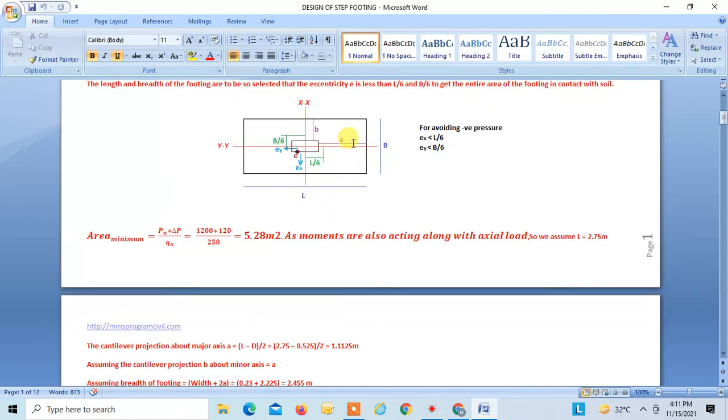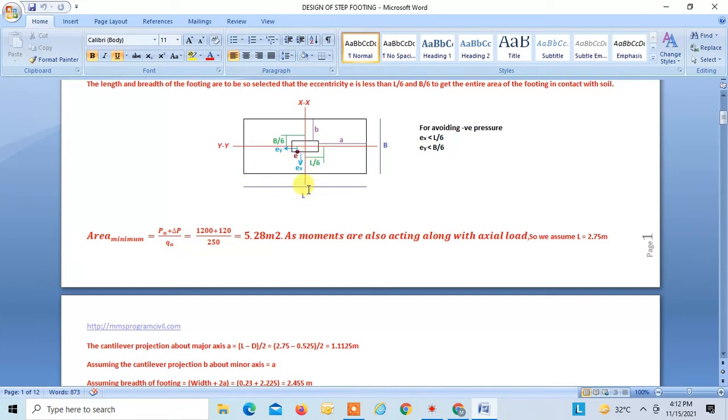Now this is projection A, this is projection B. These are cantilever projections in the two directions. Usually we keep A equal to B so that the cantilever action in both directions remains the same. A is found as total L minus the depth of the column, divided by 2.